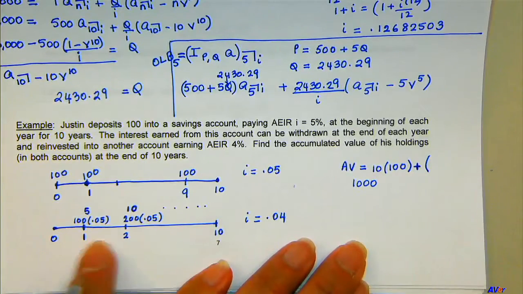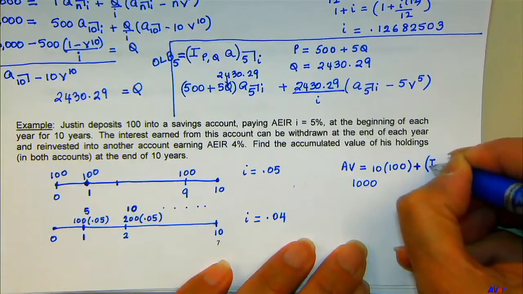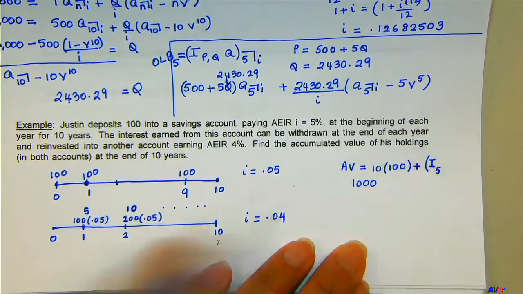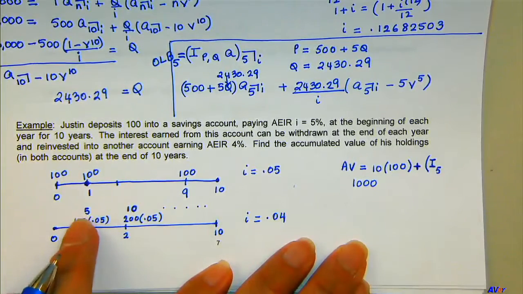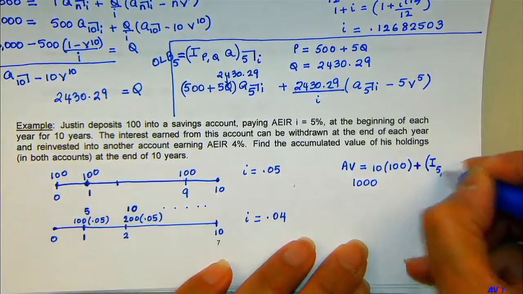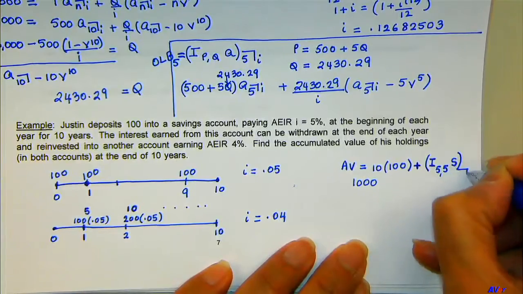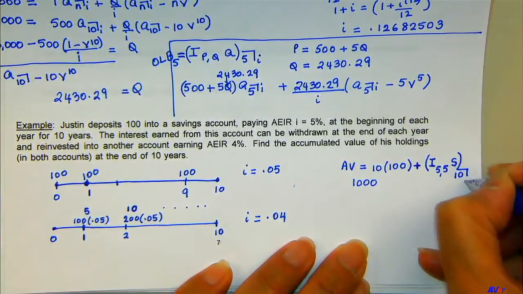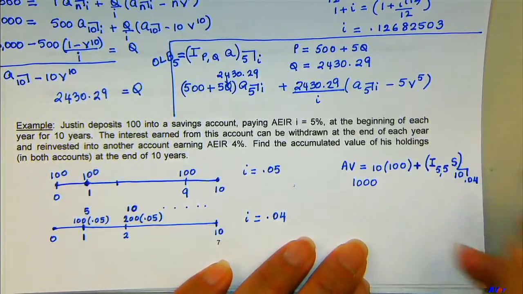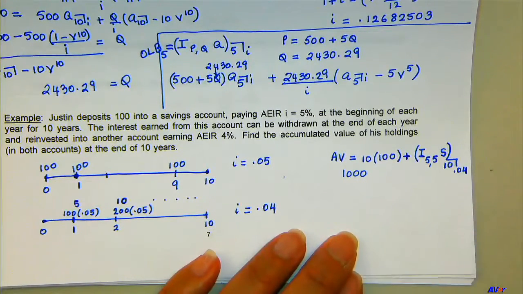P is 5, Q is 5. So let's write that as I increasing. P is 5, the first payment here is 5, right? And the increment is also 5, so 5 comma 5. S angle 10 at 4%. 4%, not 5%. That second account is only getting 4%.